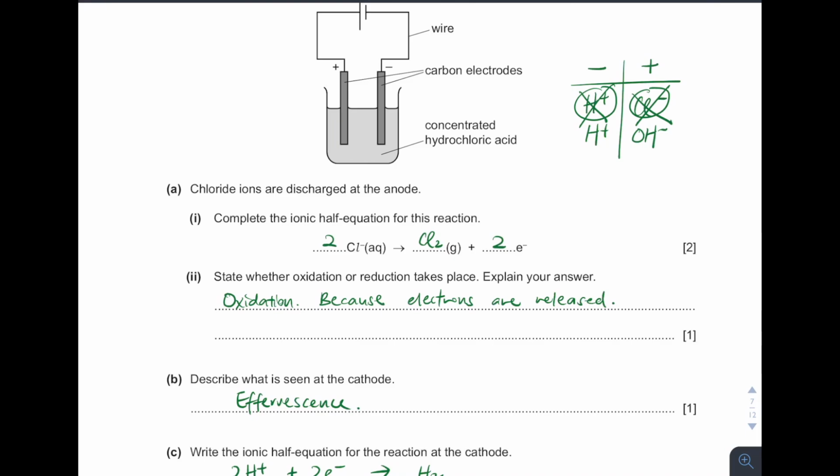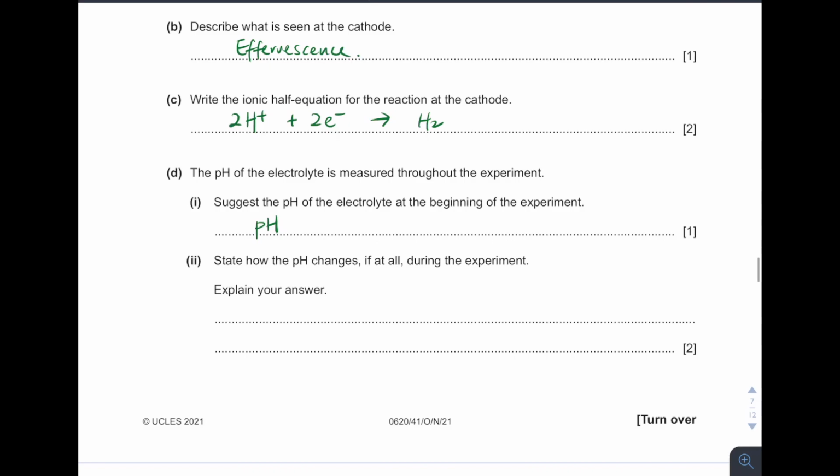Remember, the acidity of the solution is based on the concentration of hydrogen ions. Therefore, the pH increases, because hydrogen ions are being removed, which eventually causes the concentration of hydrogen ions to decrease and therefore the solution gets less acidic.